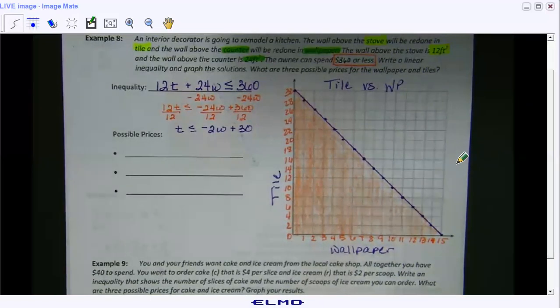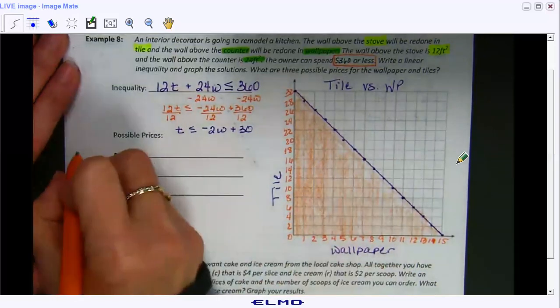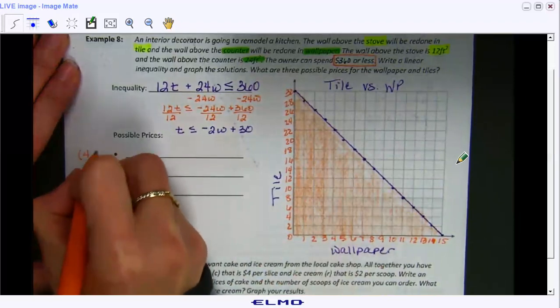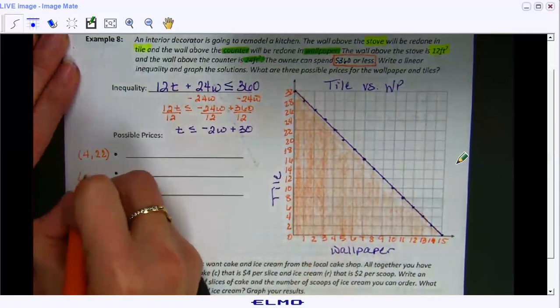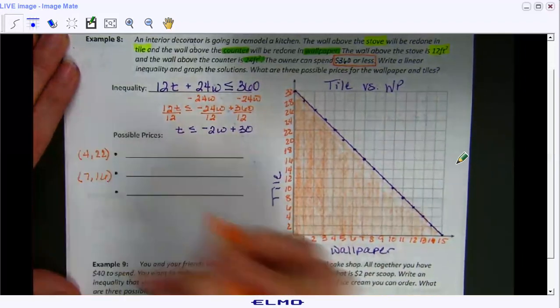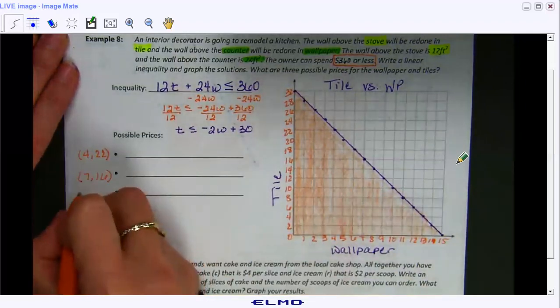The first thing that you're going to do is pick 3 ordered pairs. So I'm going to pick 4 and 22. Okay. 7 and 16. And I'm going to pick 11 and 8.